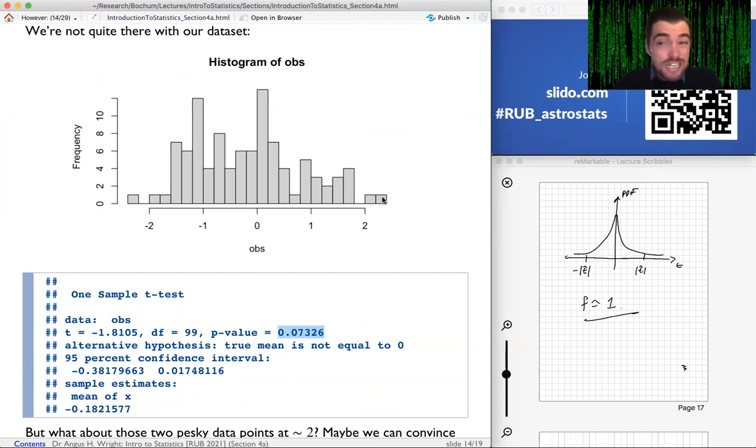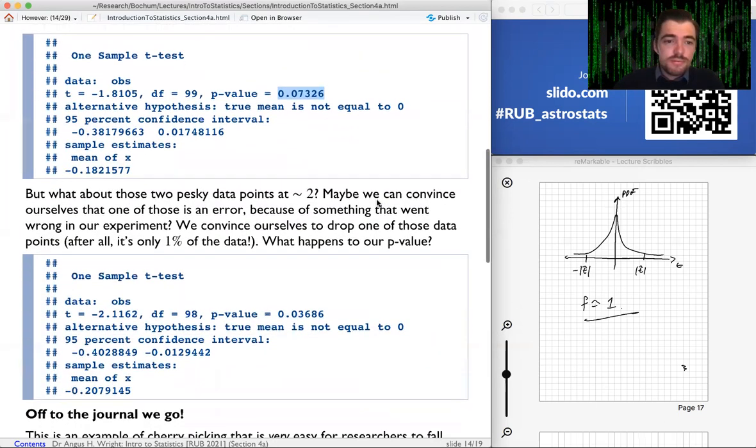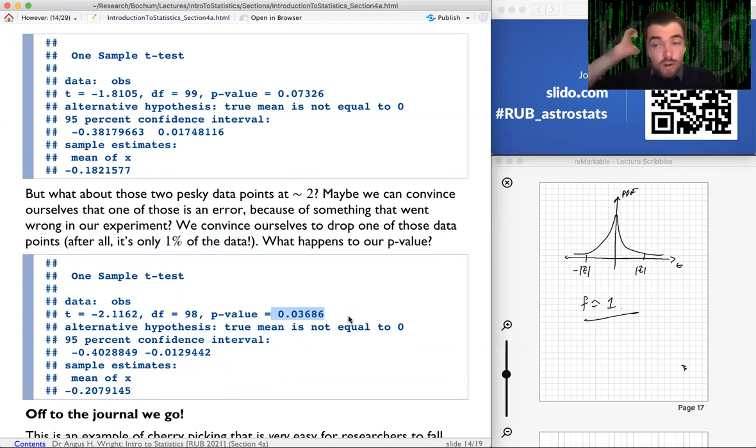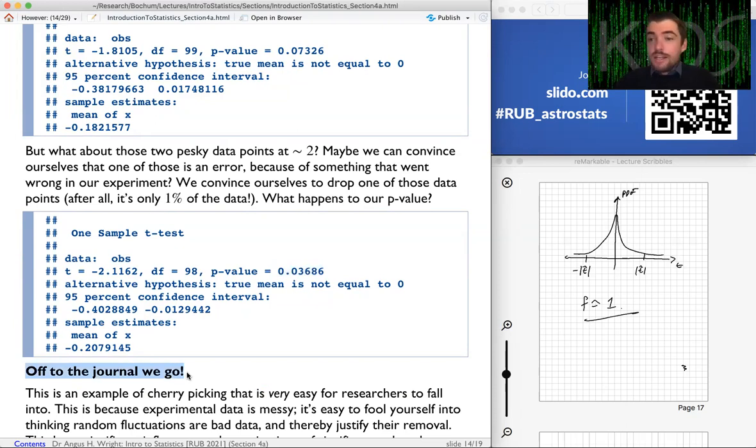How much can it really matter? So we get rid of that one data point. It's only 1% of the data. What happens to our p-value? Well, we drop below the 0.05 threshold, and we go, okay, 0.05, that's enough. I'm going to go off to the journal. We take this and we run with it.